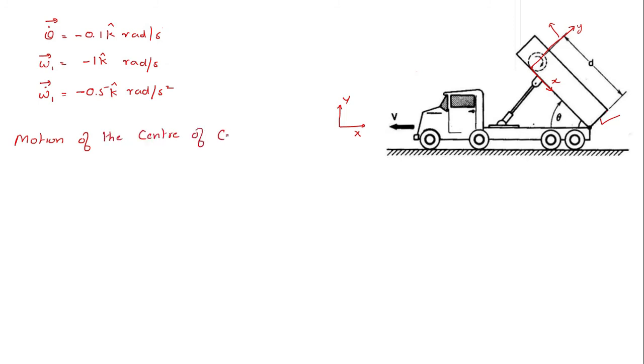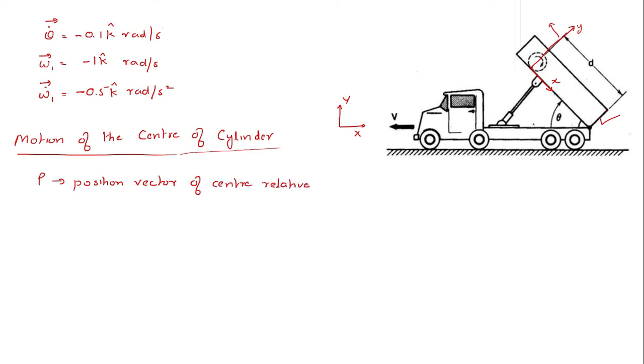Now let rho represent the position vector of the center relative to the small xy reference. That rho vector, you see, will be directed along the secondary y-axis.